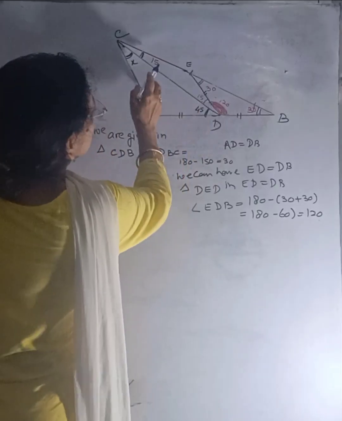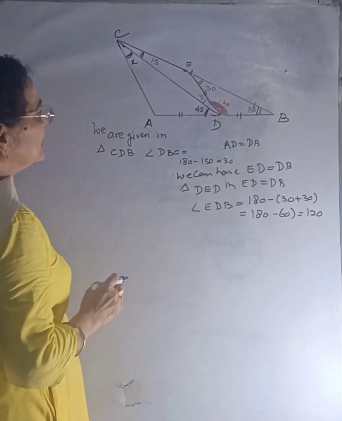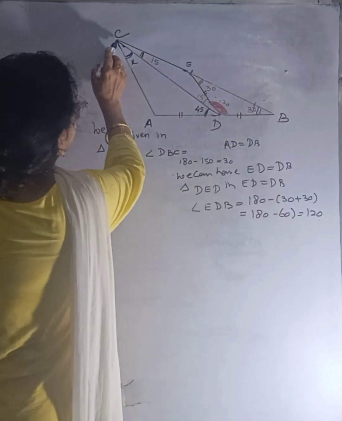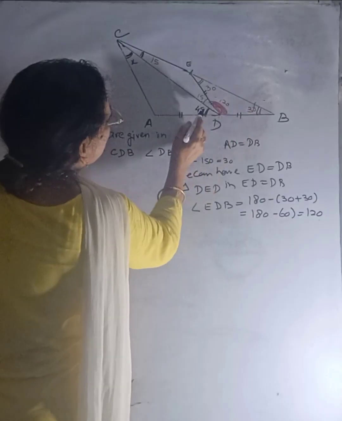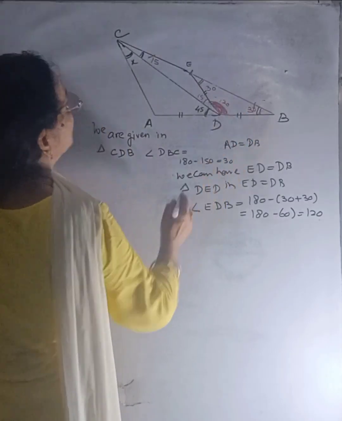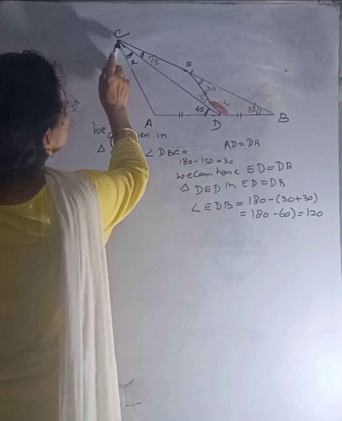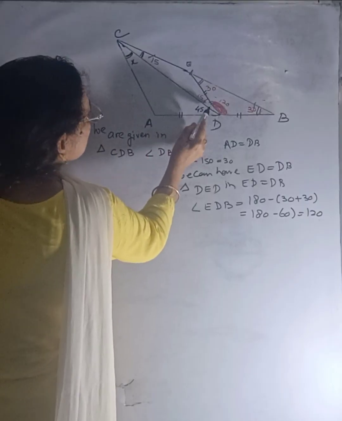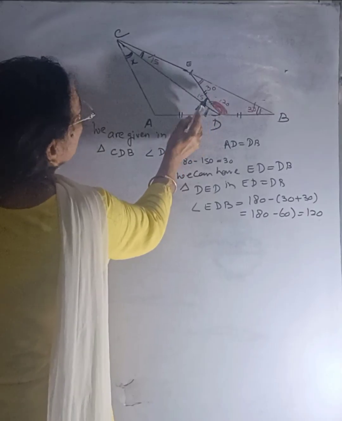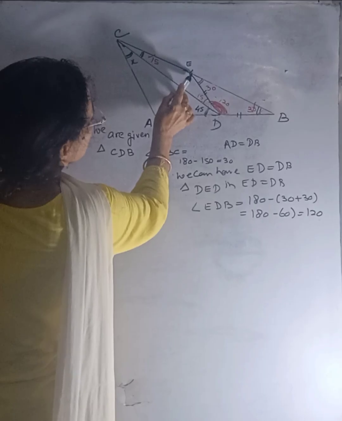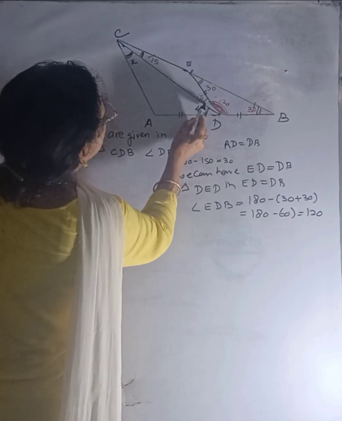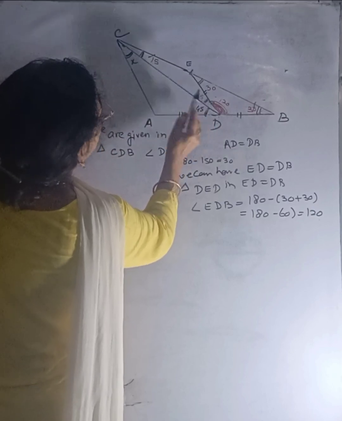Because the addition of the internal angles of the triangle CDB will be equal to 45, out of which this is 15, so it becomes 30. Now in this triangle, the whole angle is 180, it means this will be equal to 135. Out of which we have proved via triangle EDB that this portion is 120. It means this will be 15.